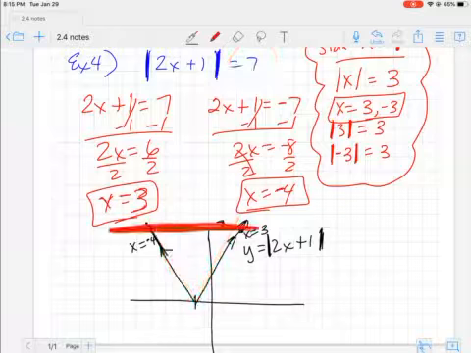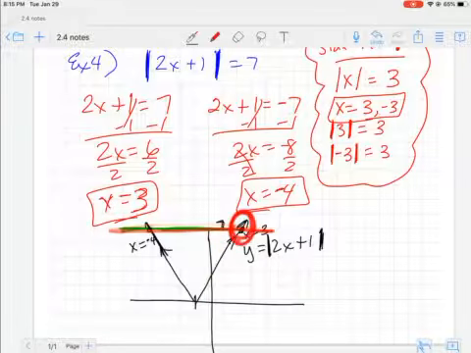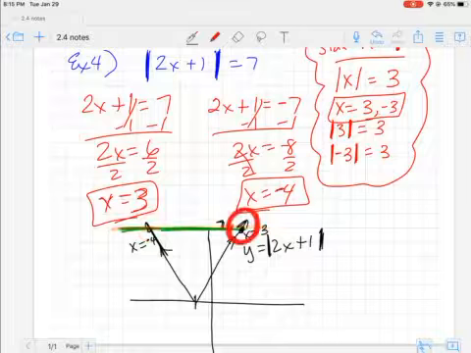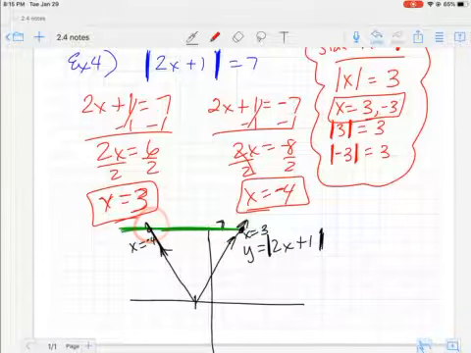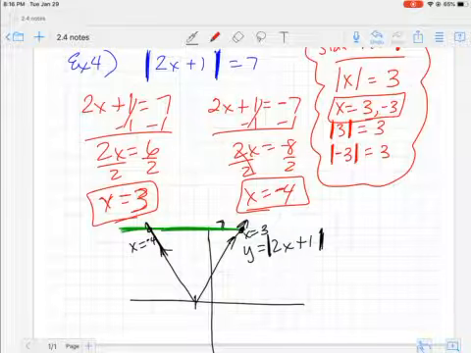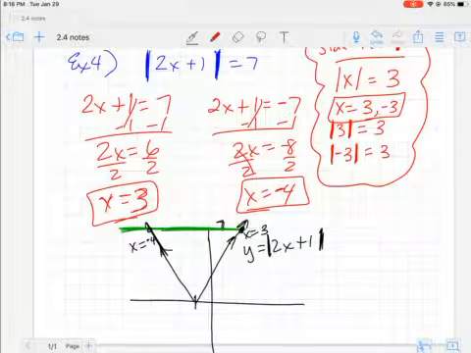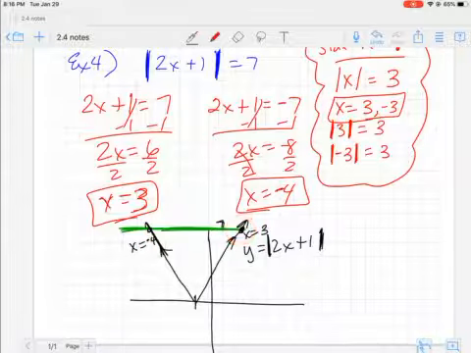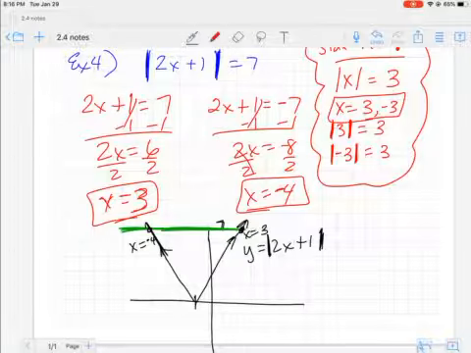Well, where it's equal to 7 is where it intersects, right? So just thinking about what graphs are, where two graphs intersect, that is where the values are the same. Well, what does the same mean? Equal. So that is where my graphs are equal, and that's where we get this negative 4 and 3. I just want to make that connection for you so you know, oh, this is where that comes from.